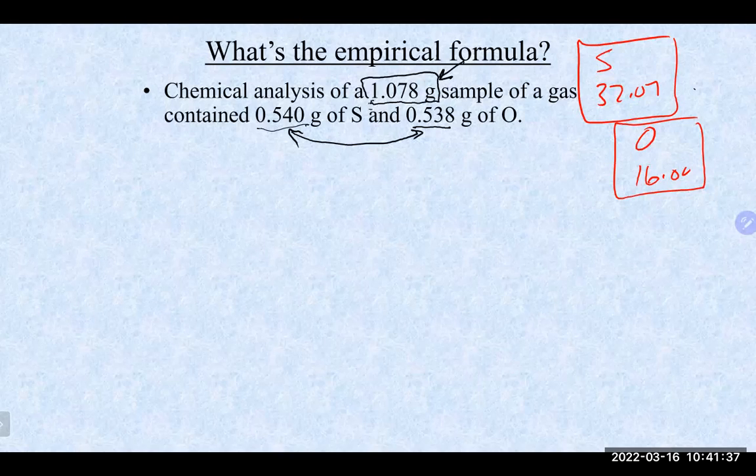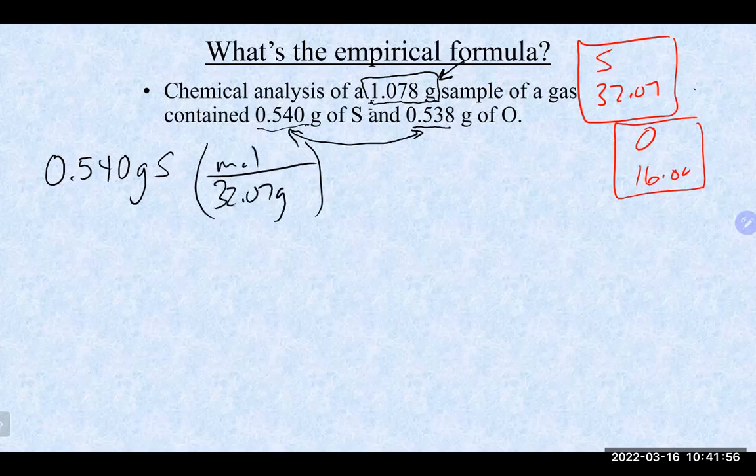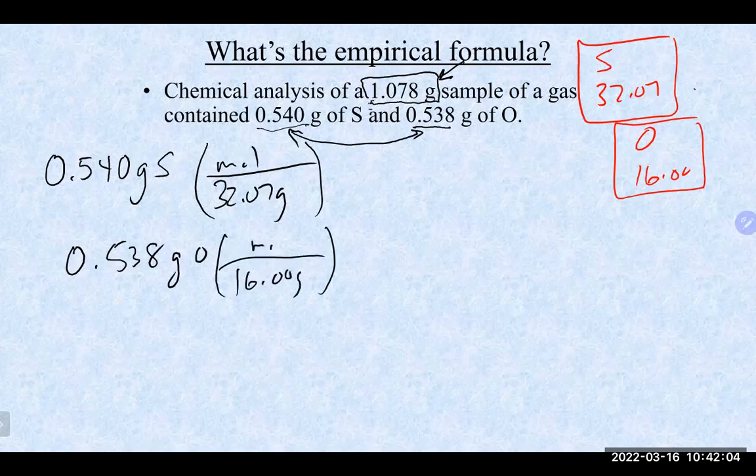It's already in grams, so we don't need to get the percent composition just to get it back to grams. So we could start with our grams here, and we're going to convert them into moles. So 0.54 grams of sulfur, we will divide by 32.07 for sulfur. We'll take our 0.538 grams of oxygen, divided by 16 grams per mole.